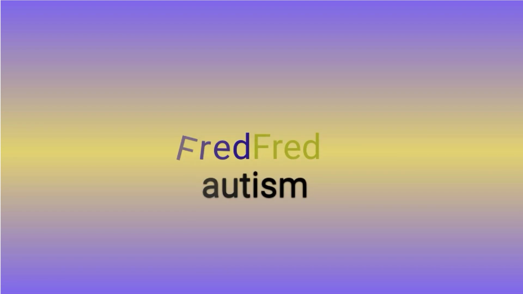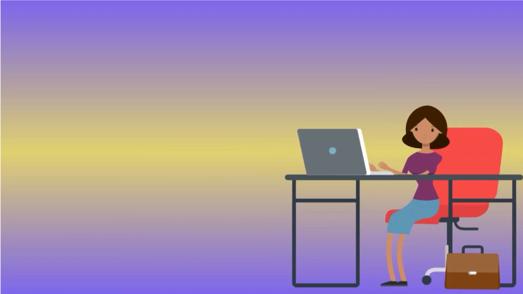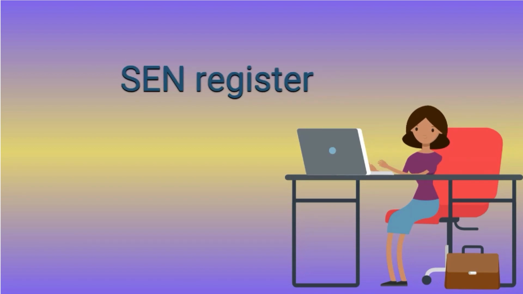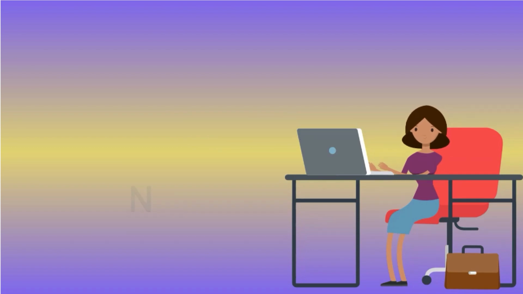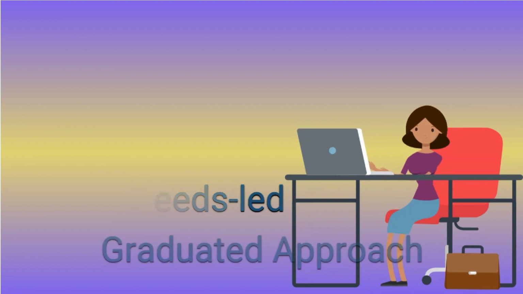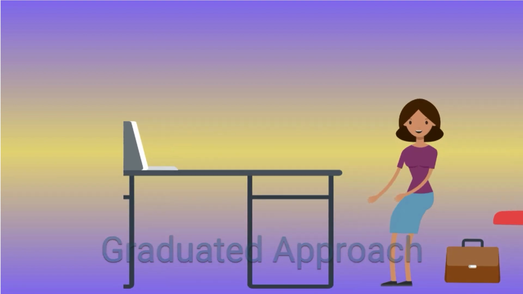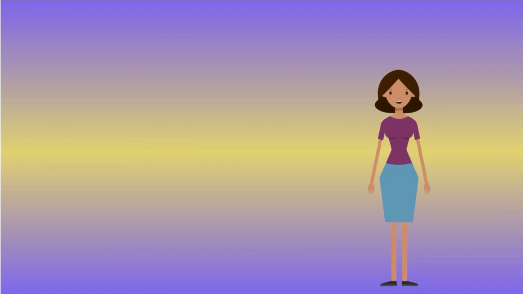Both Freds have autism. Some children without a diagnosis may be on our SEN register. Some children with a diagnosis may not be on the SEN register. Schools drive their SEN register through the needs-led process and they support that with the graduated approach.